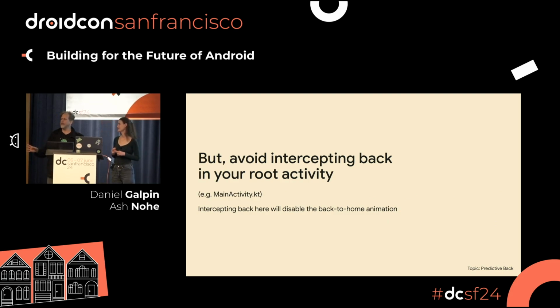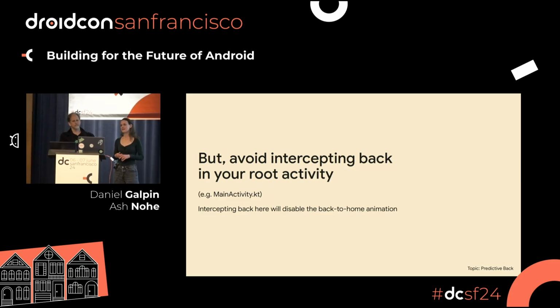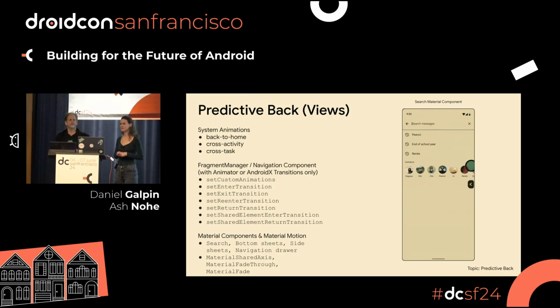Yeah, it's really easy to accidentally disable system animations with these callbacks. So if you intercept back at your root activity or your main activity, you're going to disable that back to home animation. So avoid intercepting back there if you want the back to home animation.